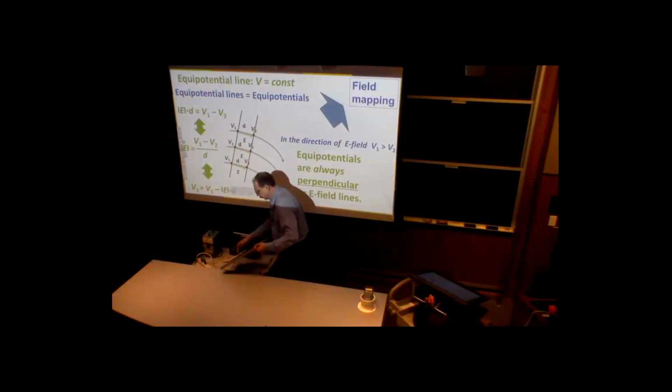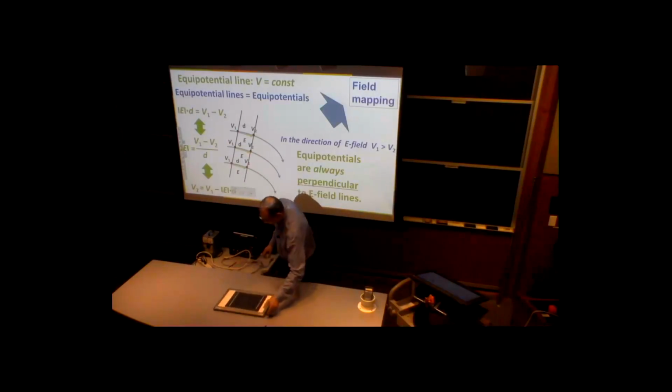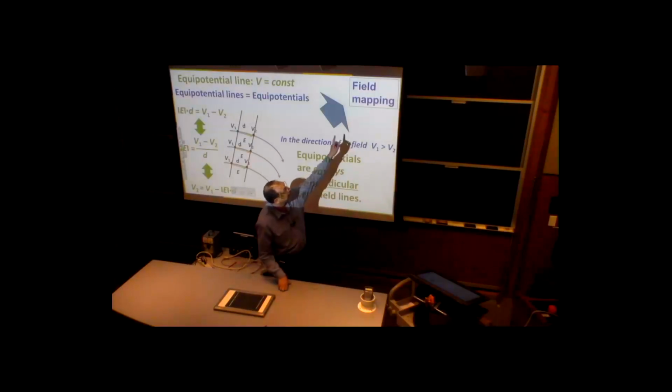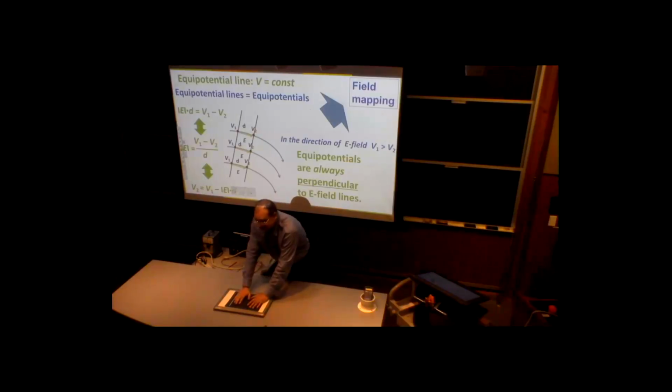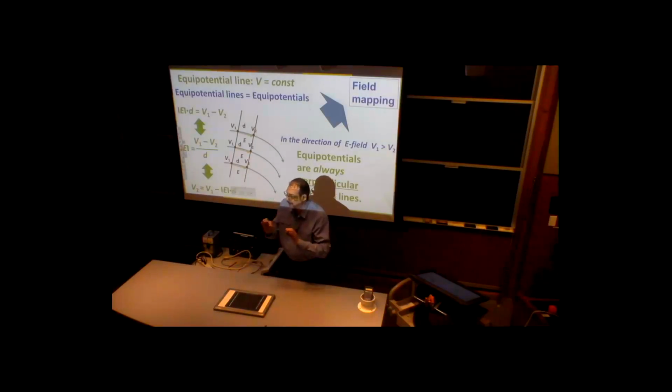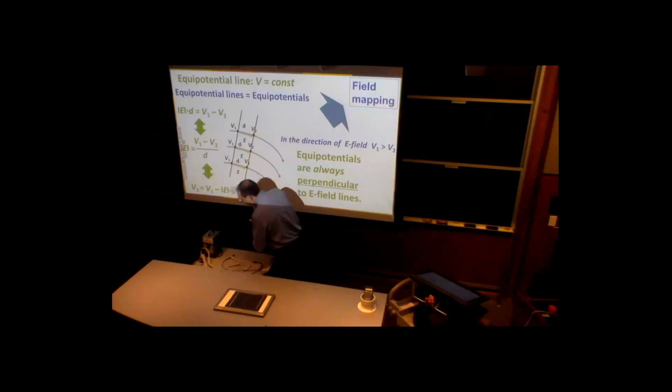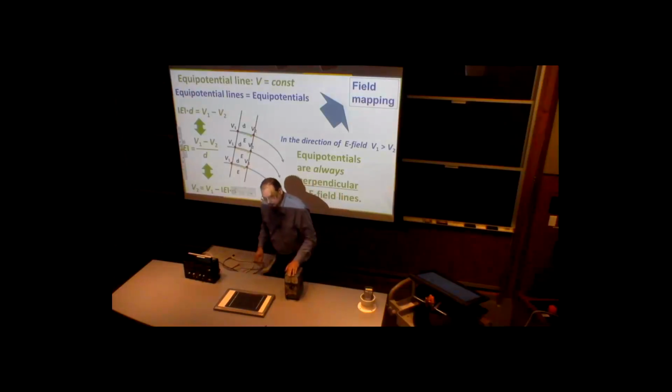Some parts of what we learned relate to a process which we call mapping. I want to generate electric field here, and I want to see it. We know that we could have used grass seeds, but if we used grass seeds, we could see lines, but we couldn't say anything about actual strength. So we need a more accurate approach, and first we need a source of electric field, just a power supply, a battery, anything, a generator.